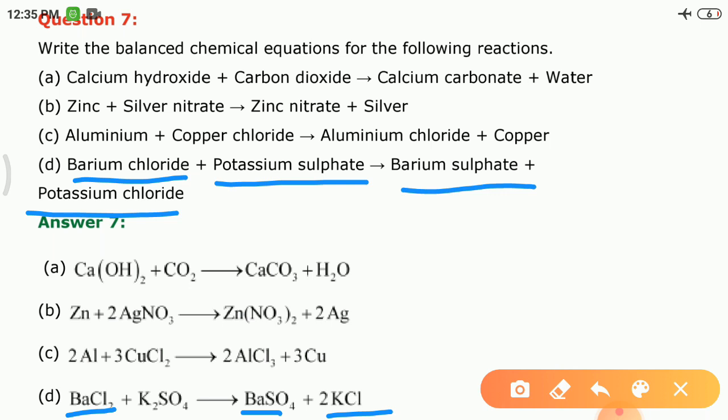As we know here, total 2 potassium ions and 2 chloride ions we are getting. It means 2 potassium chloride we will get. So this is the balanced chemical equation: BaCl2 plus K2SO4 gives BaSO4 plus 2KCl.